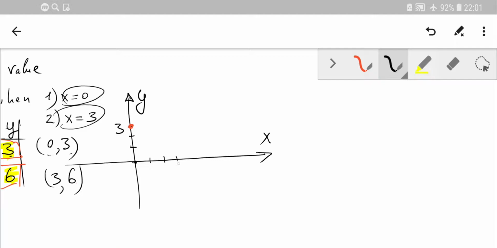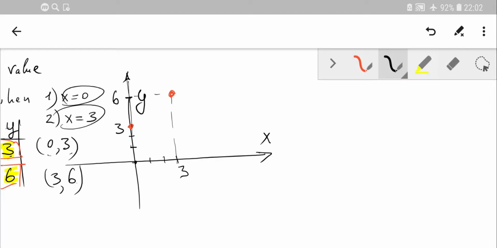So 1, 2, 3 for x, and for y, I guess we have something more. So it's going to be somewhere here. All right, so 6 coordinate for y is going to be here. So on the intersection, y equals 6 and x equals 3, we'll get another point.